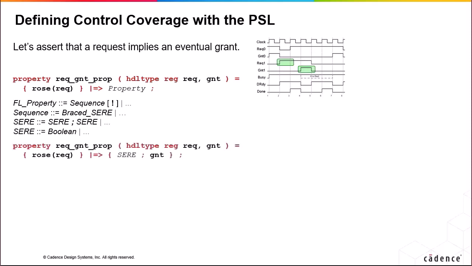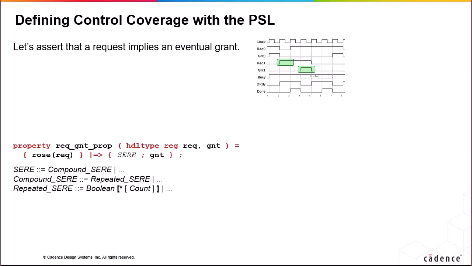Following this syntax, we replace the consequent right operand property placeholder with a braced sequential extended regular expression concatenation. Request rising implies that something else must follow, and that something else ends with a grant.